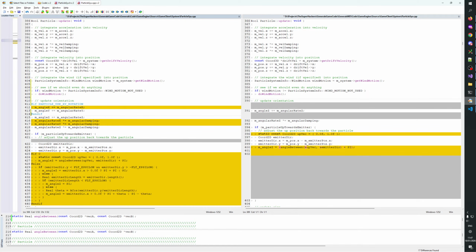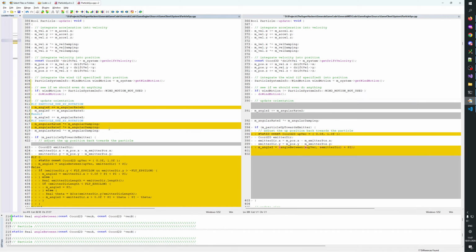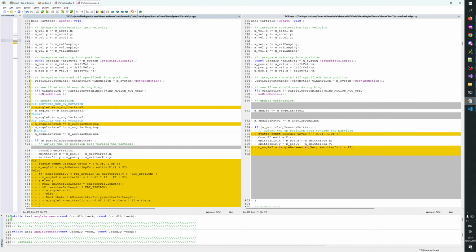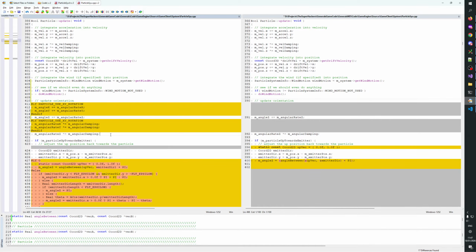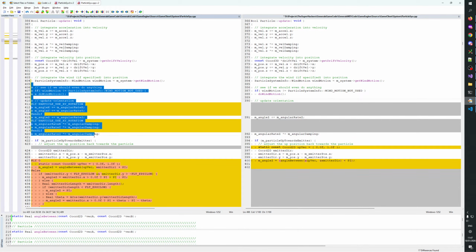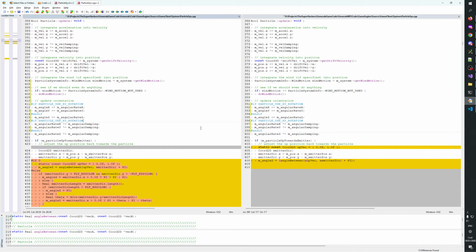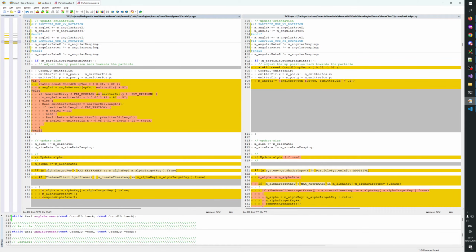And if... What do we have here? Angle Z. Angle Z. If 0, else. What? Up, back. Adjust the up position back towards the particle.